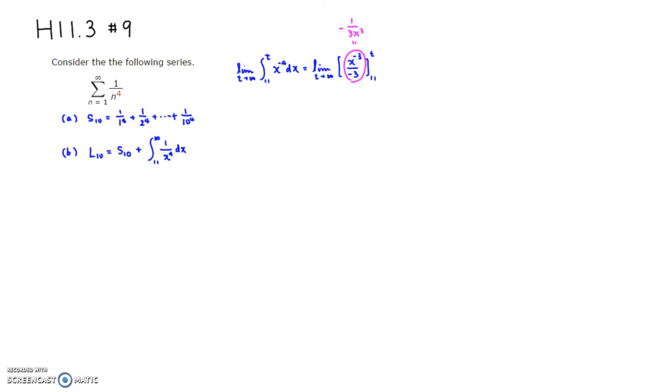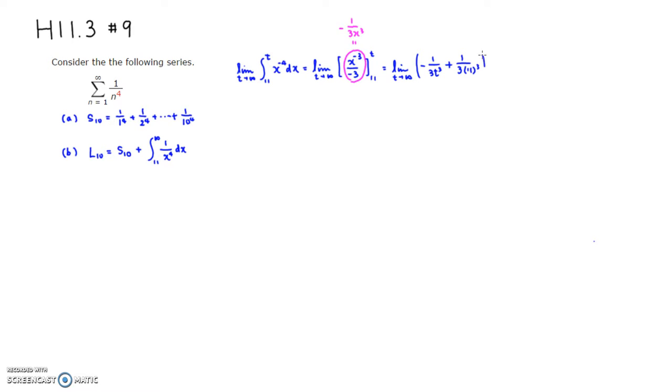Plug it in, so you get the limit. We have to take care of this limit later. Plugging in t, you get negative 1 over 3t cubed, minus negative, so minus minus, which is positive, 1 over 3 times 11 cubed.